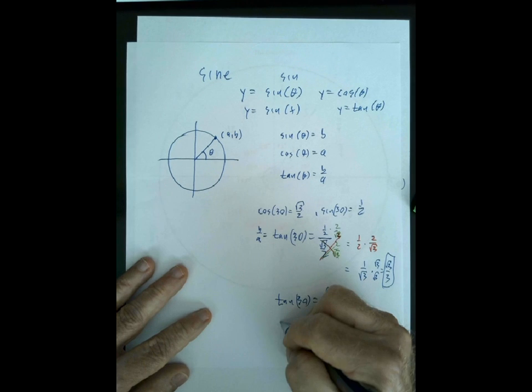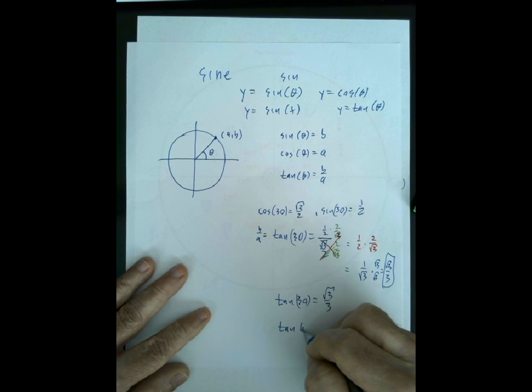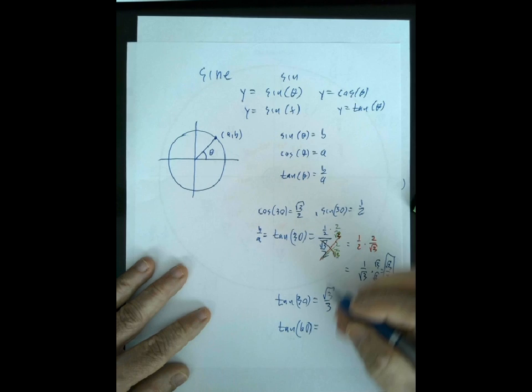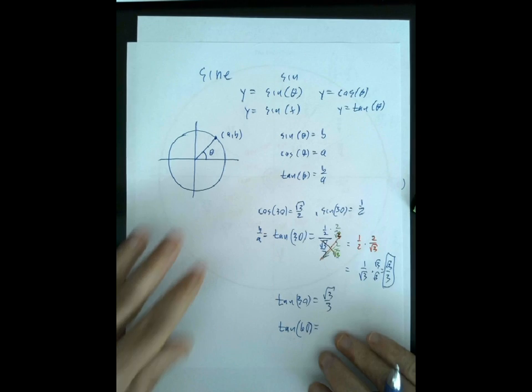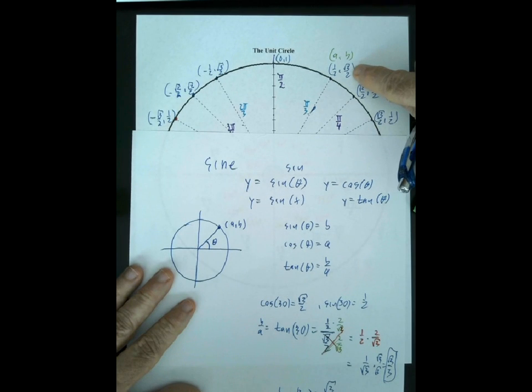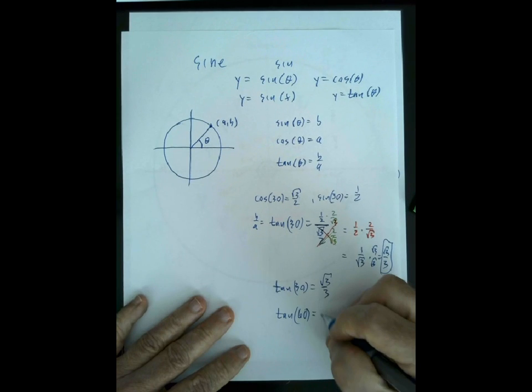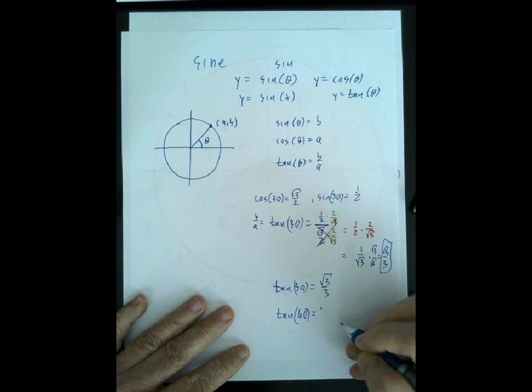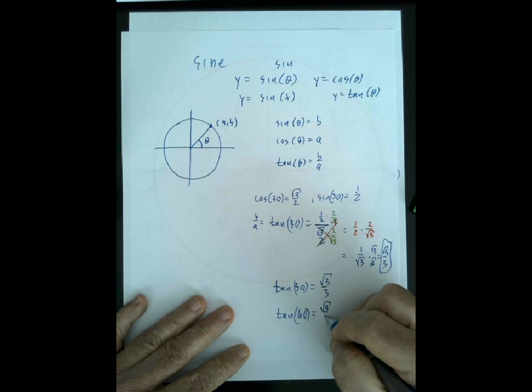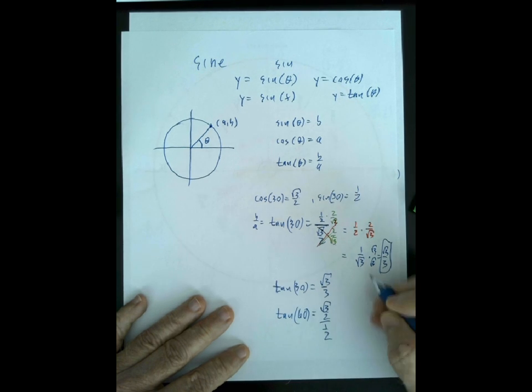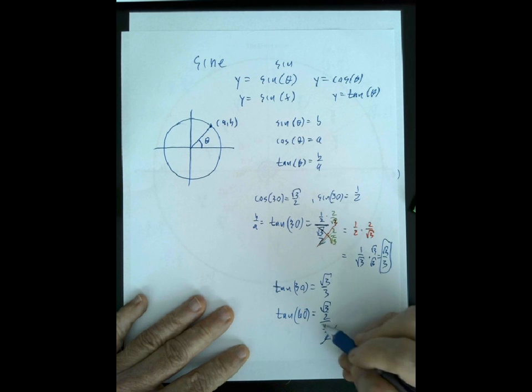The tangent of 60 is the other way around. For 60 degrees, b is rad 3 over 2, a is 1/2, right? And you can see it's simpler here. Those 2's can just cancel out on the bottom, and we've got rad 3 over 1 or rad 3.